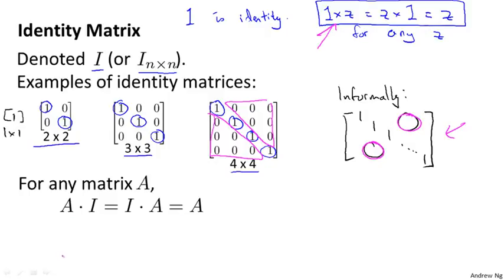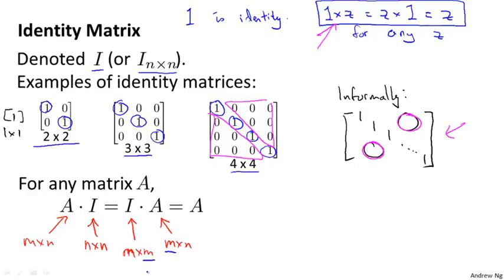Just to make sure we have the dimensions right: if A is an m by n matrix, then this identity matrix here is an n by n identity matrix. And on the other side, for matrix multiplication to make sense, the identity matrix has to be an m by m matrix, because this m has to match up with that m.